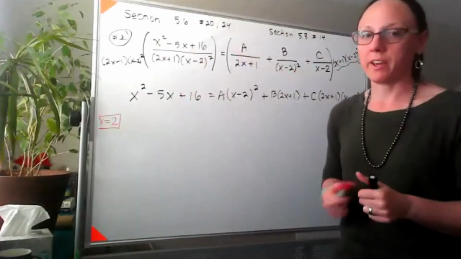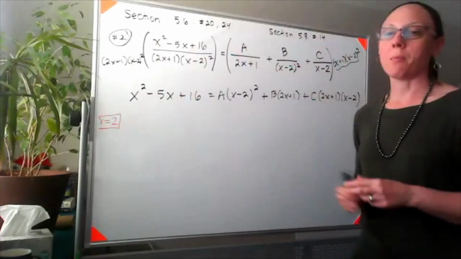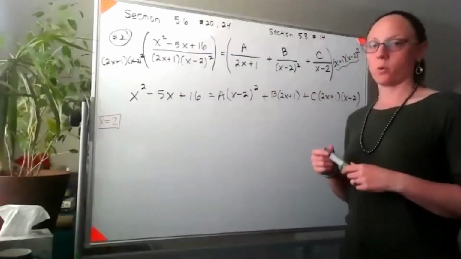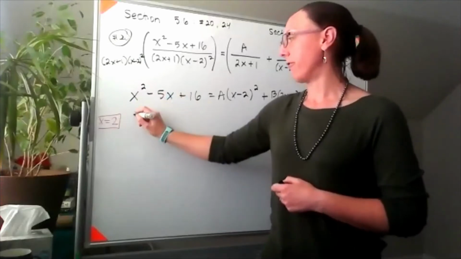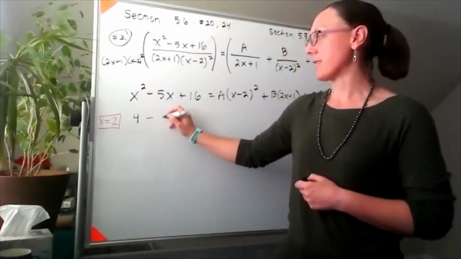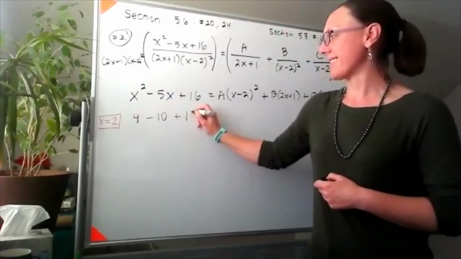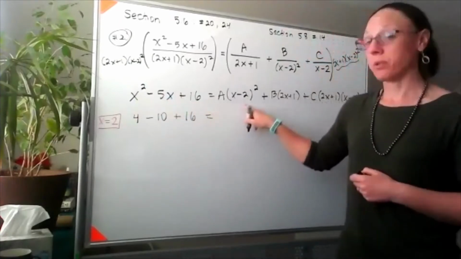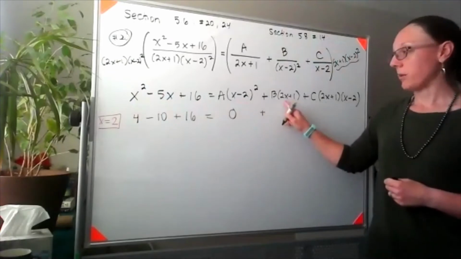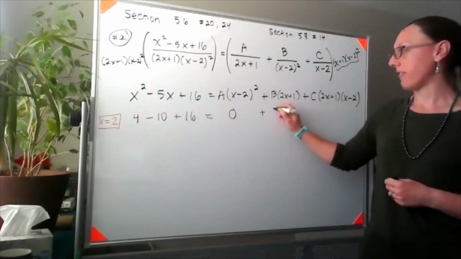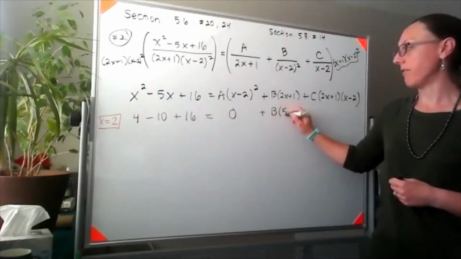So if I start by plugging in x equals 2, and remember I'm plugging that everywhere into this equation. So 2 squared, then I have 4 minus 10 plus 16. When I plug in the 2, this term goes to 0. When I plug in a 2 here, I'll have b times 5.